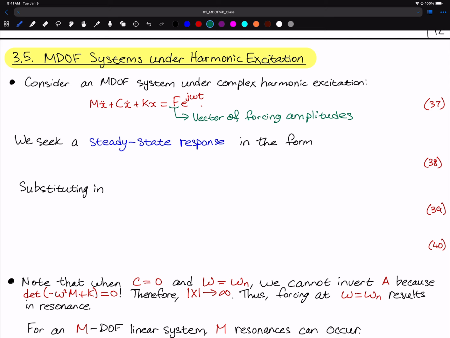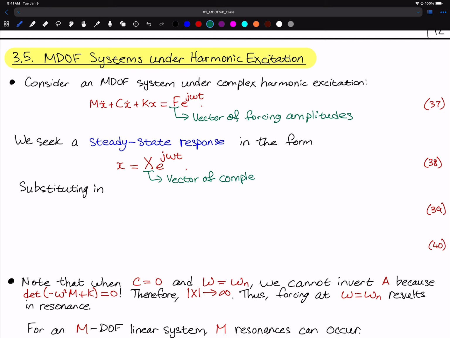Just like we did with single degree of freedom, we're now going to seek a steady state solution in the form of our vector of displacements x is going to be equal to some vector of complex amplitudes, X, e to the j omega t. And here, again, this is a vector of complex amplitudes.